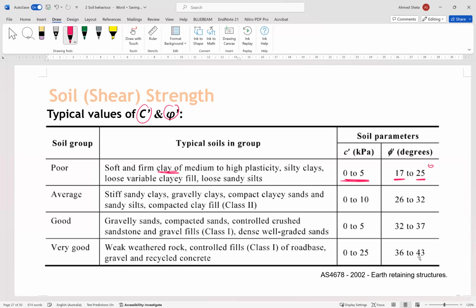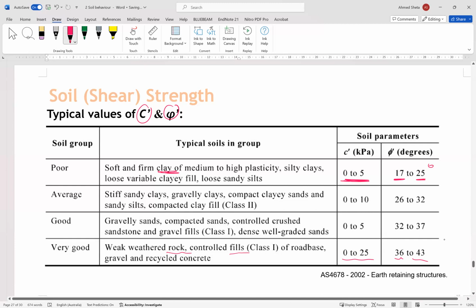For example, here for rock controlled fill, C is from 0 to 25, and the angle of friction, phi, will be between 36 and 43. These values are just to give you some background or knowledge about the values of C and phi, but we don't need to keep this in mind, just have some background on that.